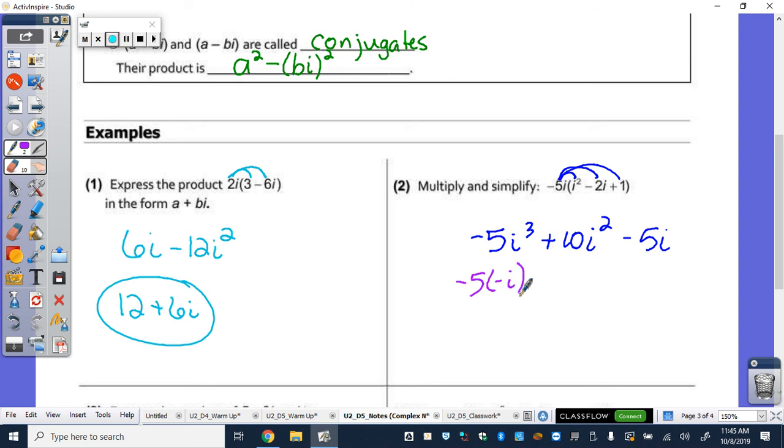So it's really -5 times -i, which really turns into what? Positive 5i. Because that negative times that negative turns positive. i squared again simplifies to -1. So that makes that a -10. And then my 5i, nothing happens to that. That stays as 5i. So then what happens with my 5i's now that I've simplified everything? They cancel each other out. So we're just left with -10.